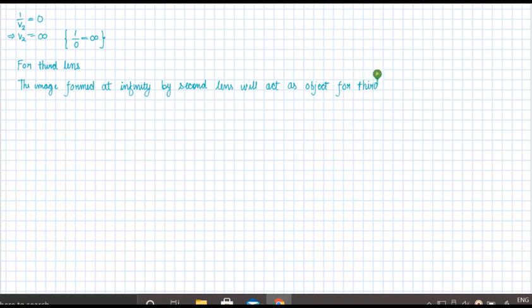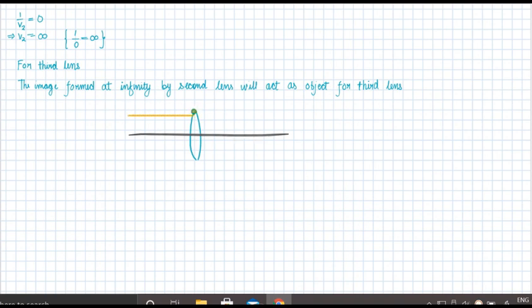Fine. So let me just draw the third lens here. Your third lens is a biconvex lens, and this is the principal axis. So what happens for the third lens? The image is formed at infinity. The rays will start to move from infinity, and then what will happen after refraction?